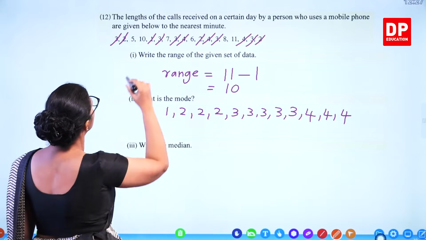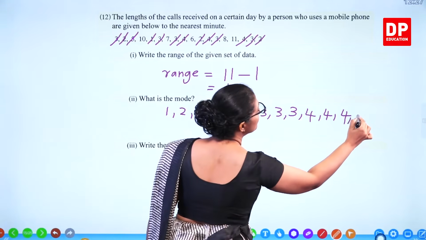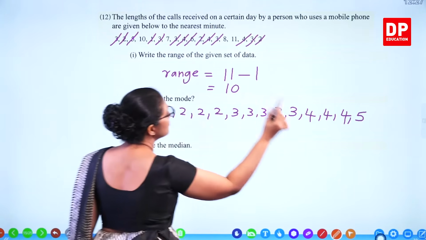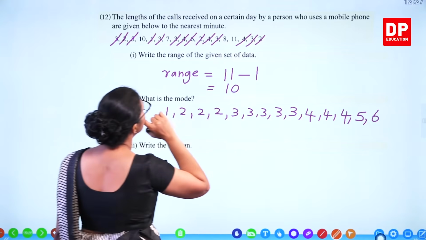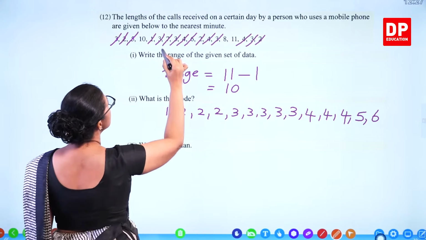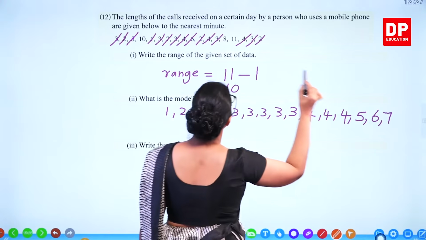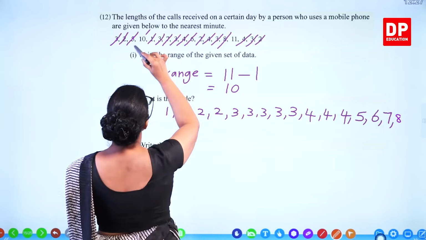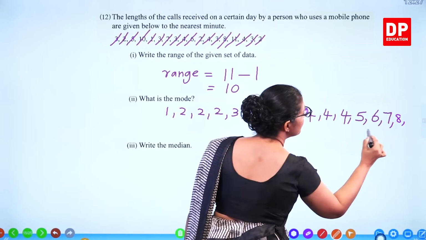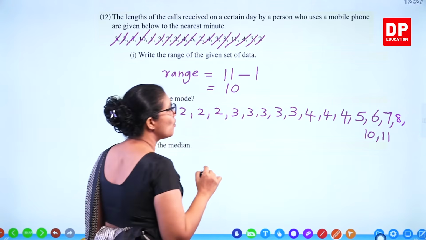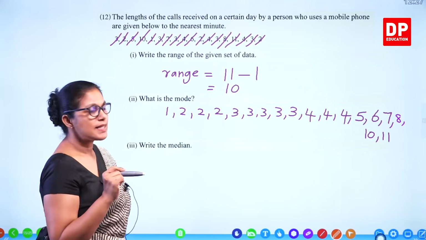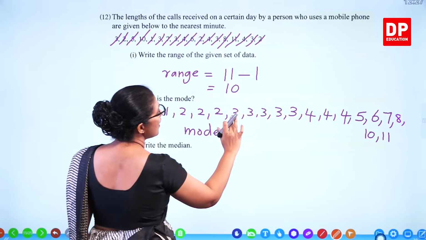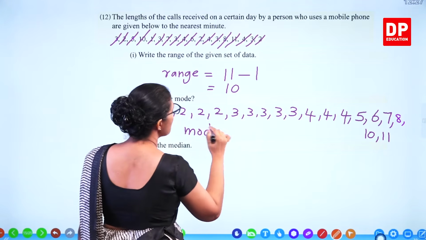Then, 5 is there. And then, 6, 7, 8, 10 and 11. Now we can see mode is 3. That's the highest frequency here, 5 times.